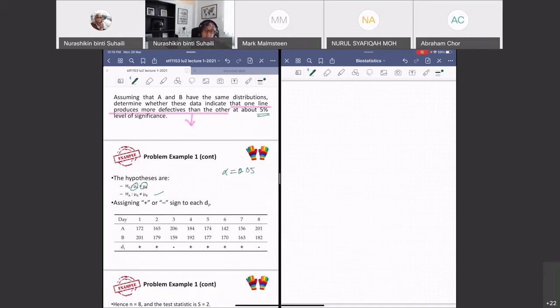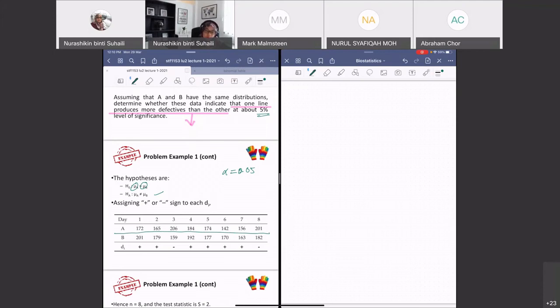Step 3 is to assign the signs, whether positive or negative. Now you are comparing the two data sets, right? This is the data for A, and this is the data for B. From what point do you want to compare?